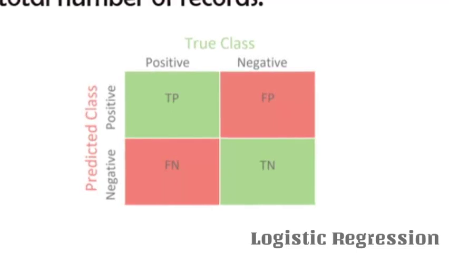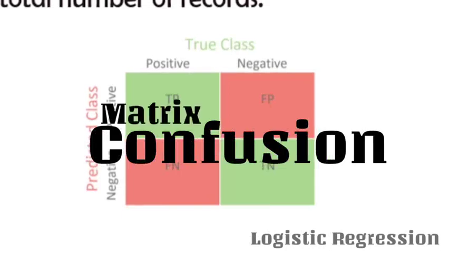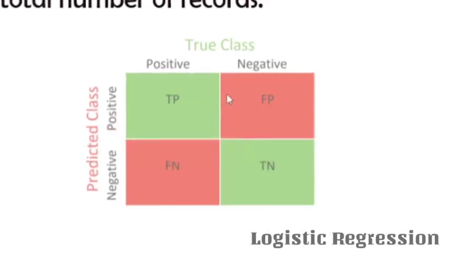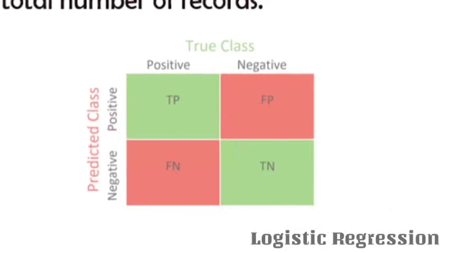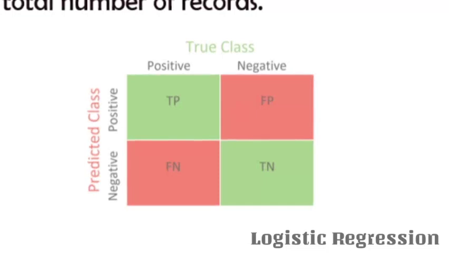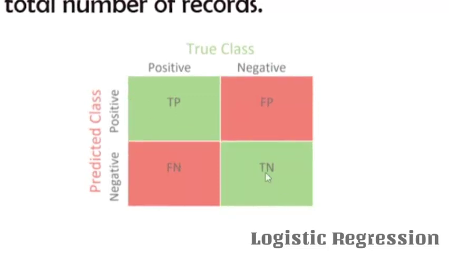You will get this in matrix form, so that's why it is known as a confusion matrix. The matrix would have two rows and two columns if you are talking about binary regression, only two outcomes. The values written over here are true for being positive or negative, and false for being positive or negative.